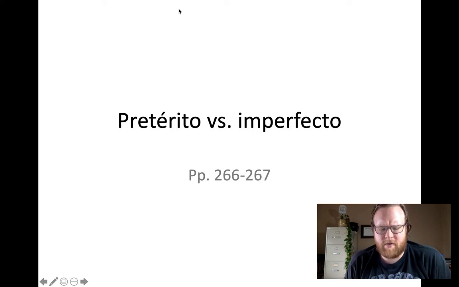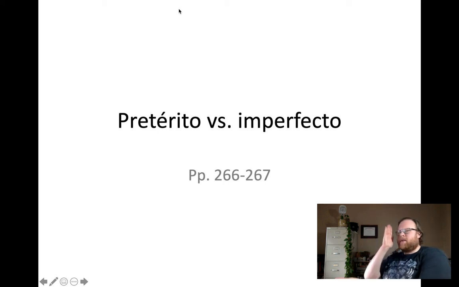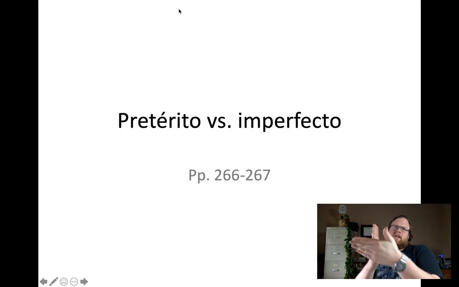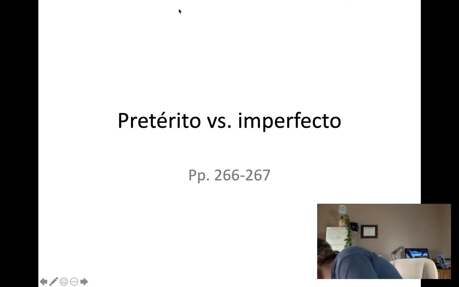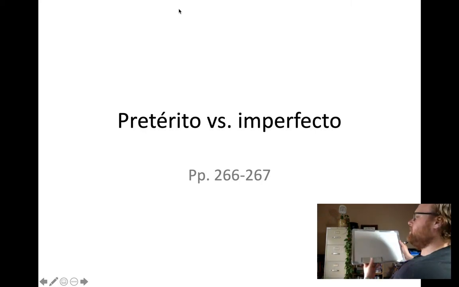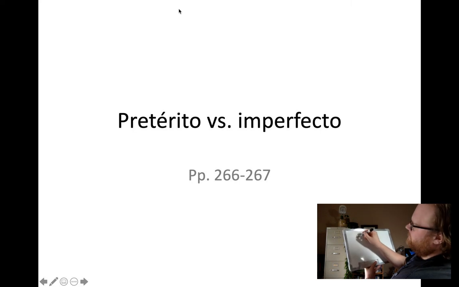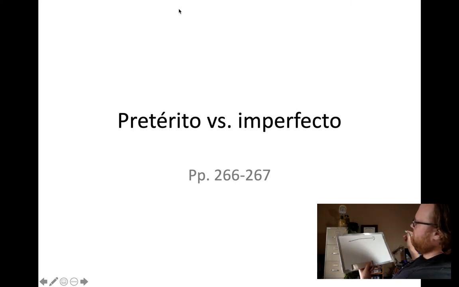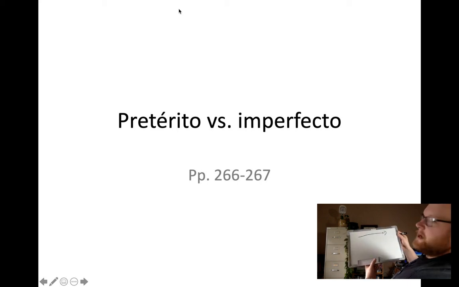So, like I briefly mentioned in the introductory video for the imperfect, the preterit really is typically more for a specific event in time. So if we were to conceptualize this, we've got a timeline, right? And let's say this is the present right here, because we're all dealing with the past.